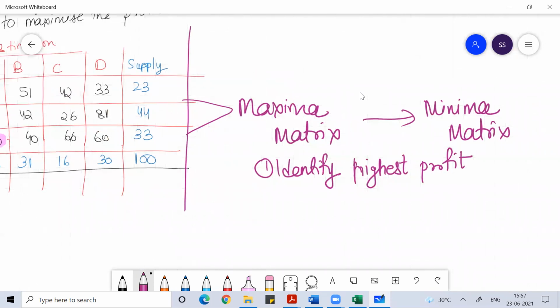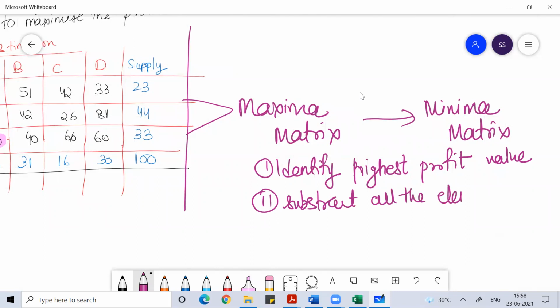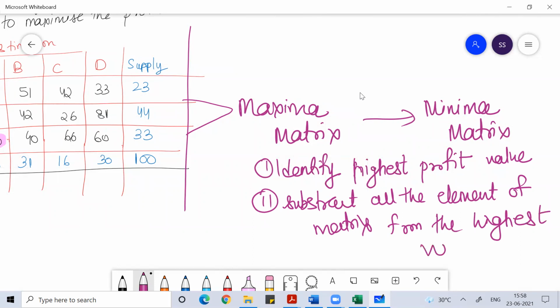Then subtract all the elements of the matrix from that highest value.